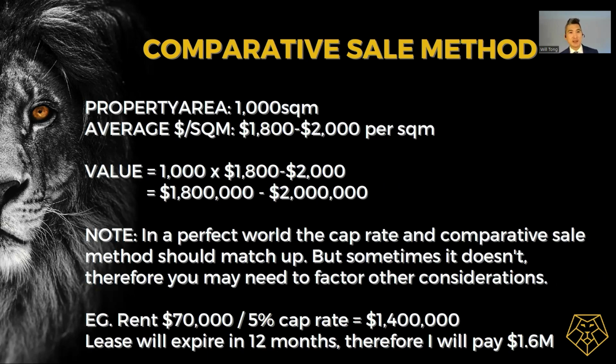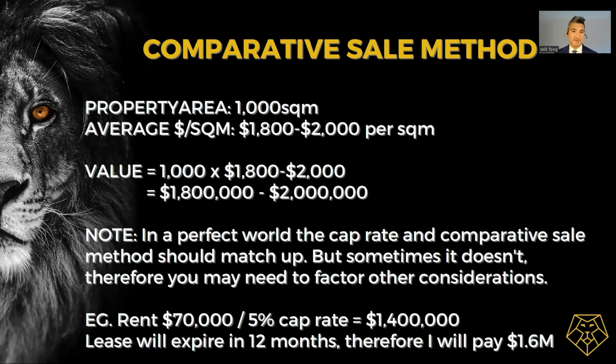Let's say the property size is 1,000 square meters, and we've determined that the average price per square meter of comparable sales is somewhere between $1,800 and $2,000. Then the value of the property is simply 1,000 square meters times $1,800 to $2,000, which equates to somewhere between $1.8 million and $2 million.